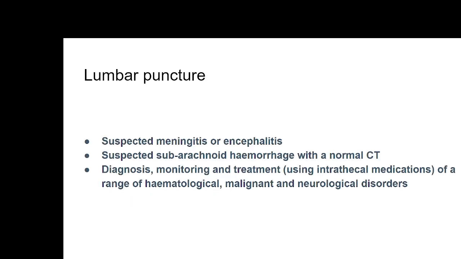Lumbar puncture and study of the CSF is one more investigational tool, particularly in case of meningitis or encephalitis inflammatory conditions, or if there is a suspected subarachnoid hemorrhage where the CT doesn't show it, or for treatment monitoring in hematological or malignant neurological disorders where a drug may be injected by the intrathecal route, or for spinal anesthesia also.